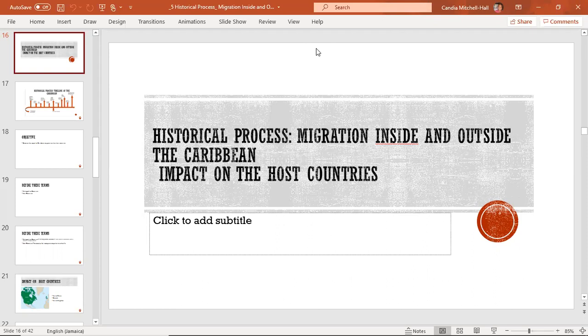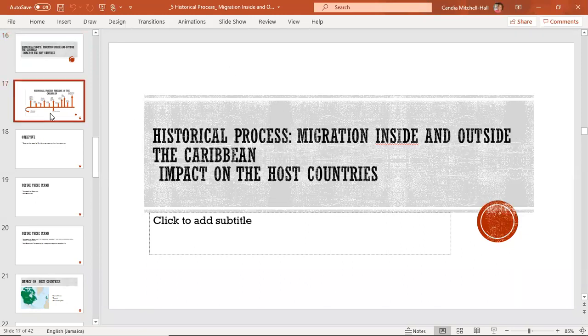Extra-regional migration. Very good. And some of the places that we have migrated to outside of the region are examples. France. Yes. UK. Canada, sir. Canada and the United States.